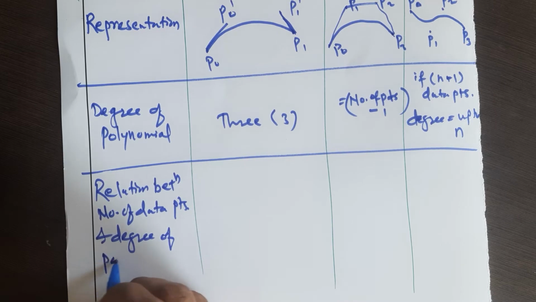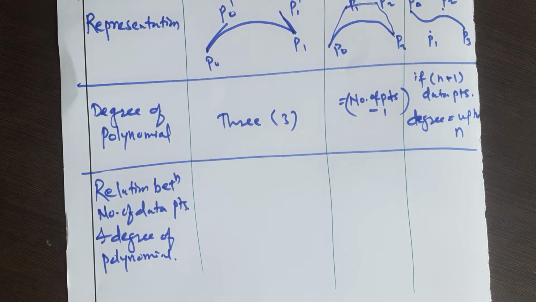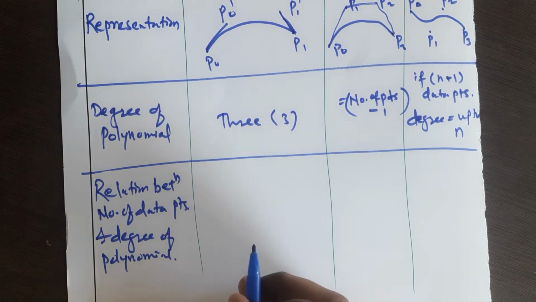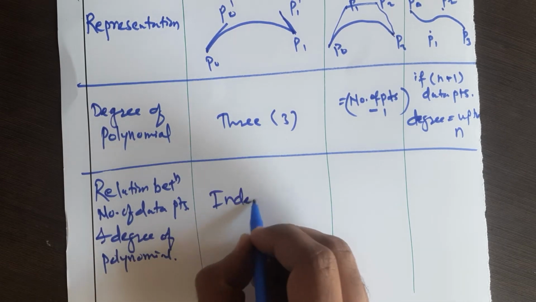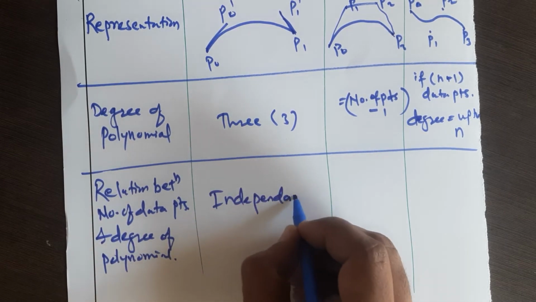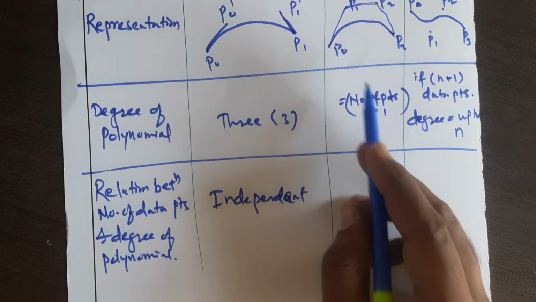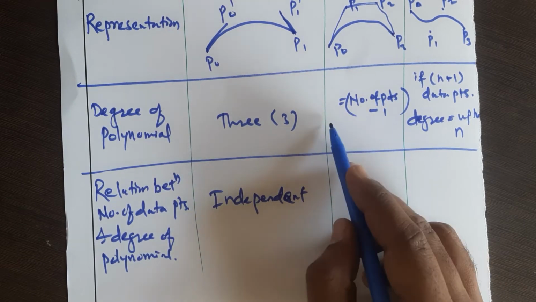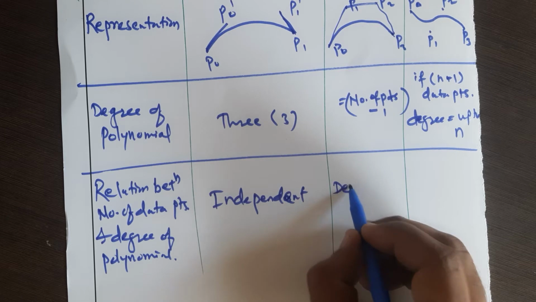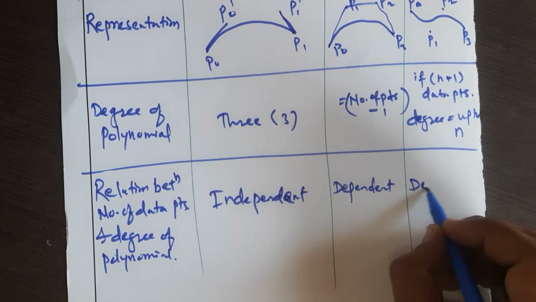In case of Hermite cubic spline, the degree of polynomial is independent of the number of data points. Then in case of Bezier curve, it is dependent, because here the number of data points minus 1 will be the degree of polynomial. Here again it is dependent.